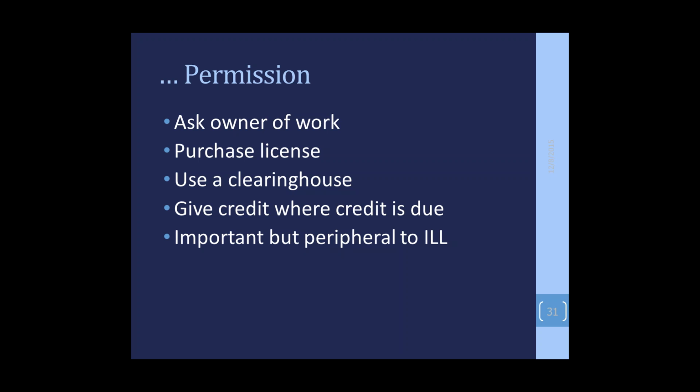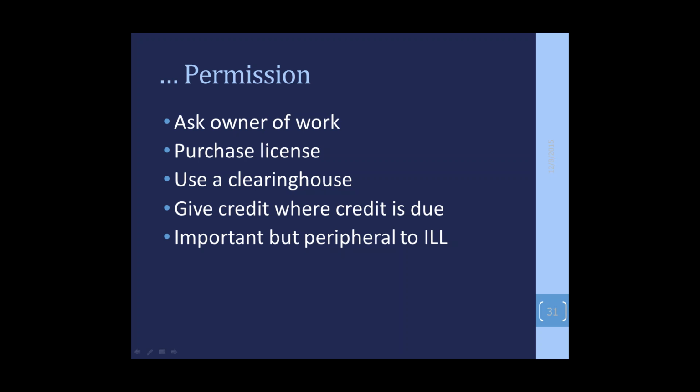Now, this is important. It is peripheral in a lot of ways to interlibrary loan, but what I will tell you is, for instance, the Copyright Clearance Center, and there are other organizations like that that operate as clearinghouses, can help libraries if there is something that they want to send via interlibrary loan and there is an issue with it.